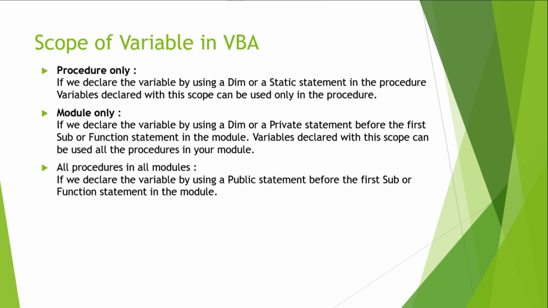Module only: if we declare the variable by using a Dim or Private statement before the first Sub or Function statement in the module, the variable can be used in all the procedures in your module. All procedures in all modules: if we declare the variable by using a Public statement before the first Sub or Function statement in the module.